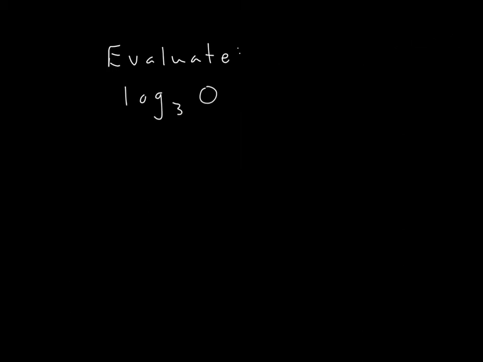Here's a similar idea. Once again, we're looking for something to go here so that when we take 3 to the power of something, it'll equal 0. I'm pretty sure the only thing you would even think about putting there is 0. But 3 to the 0 isn't 0. 3 to the 0, just like anything to the 0, is 1.